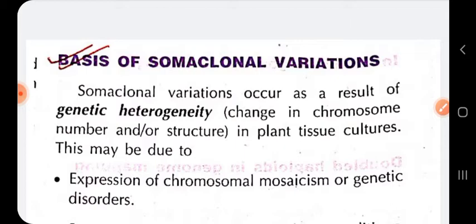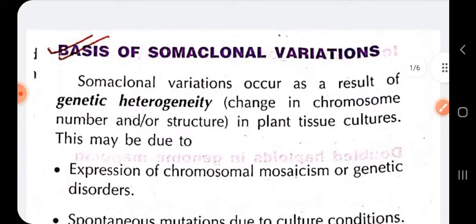Somaclonal variation occurs as a result of genetic heterogeneity. Genetic heterogeneity here refers to a change in the chromosome number or the structure of the chromosomes.